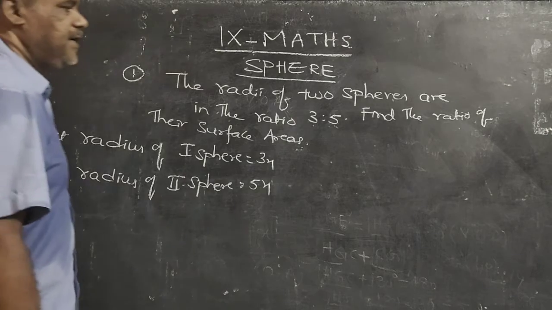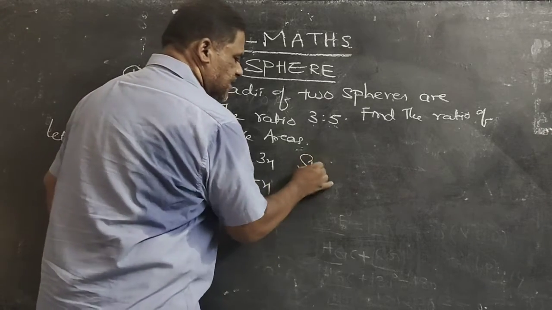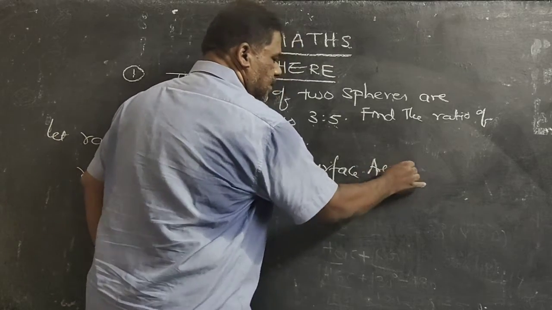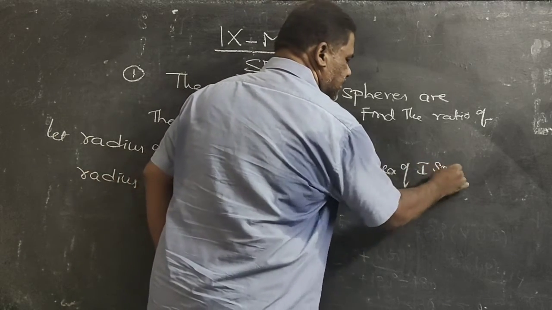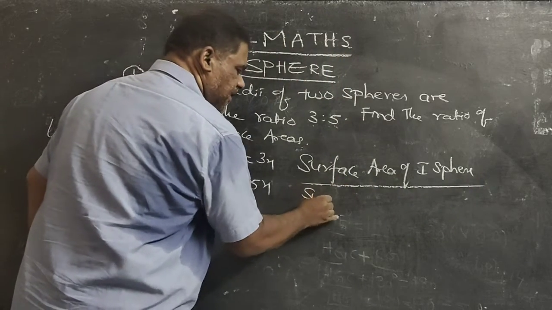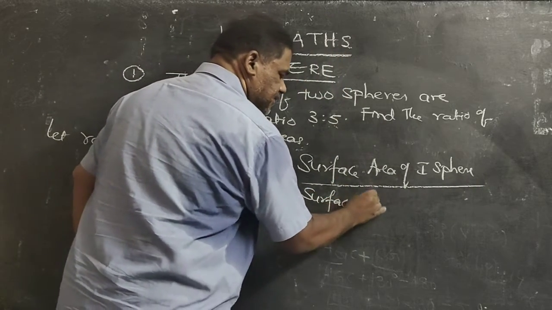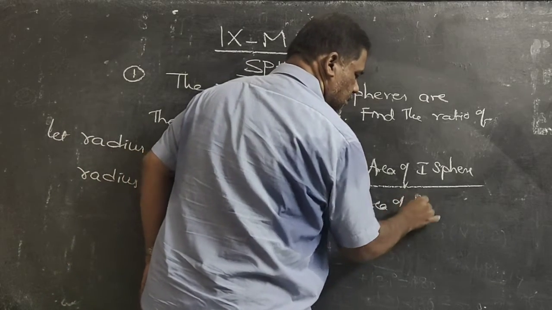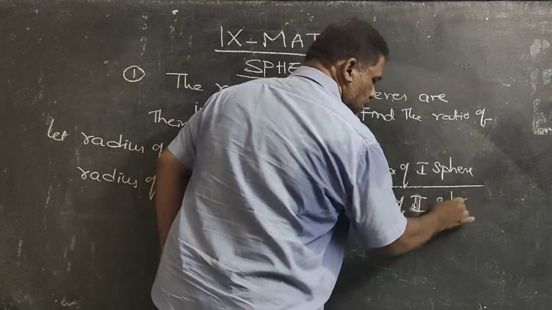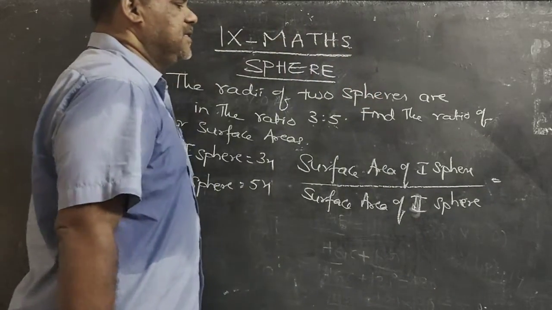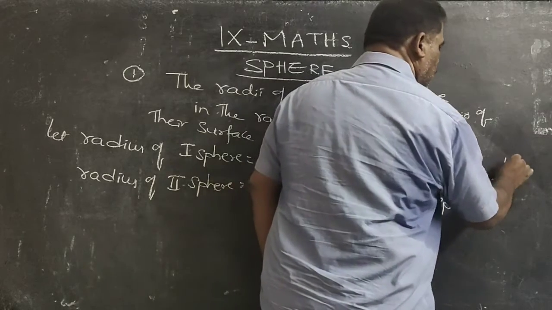Now we should find the ratio of their surface areas. So surface area of first sphere by surface area of second sphere. Surface area of a sphere is given by the formula 4 pi r square.